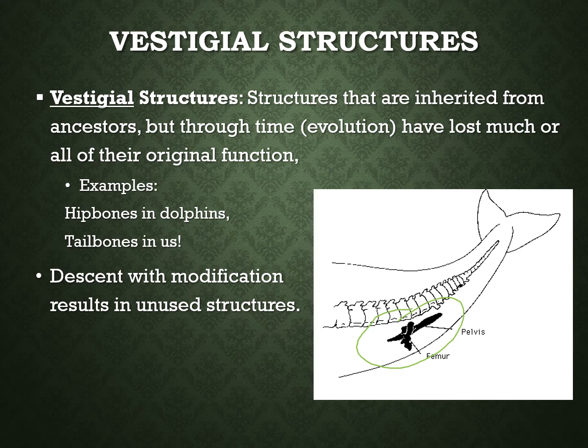Over time, these structures lose a lot of their original function. Some examples are hip bones in dolphins and tailbones in people. We'll see on the next slide some more vestigial structures.